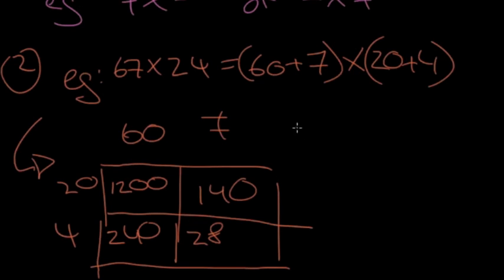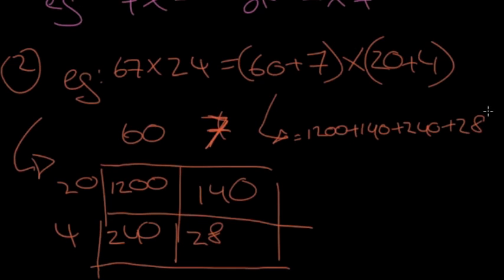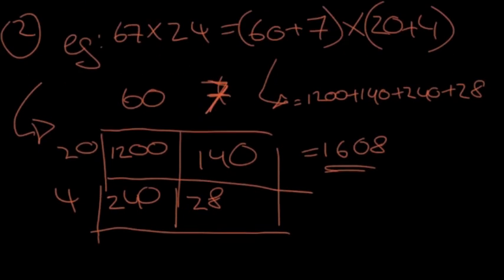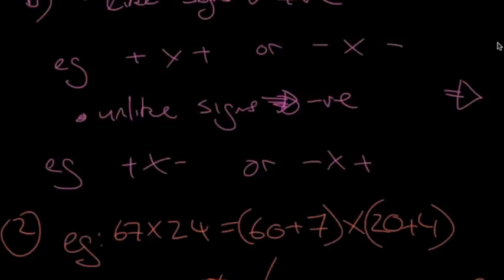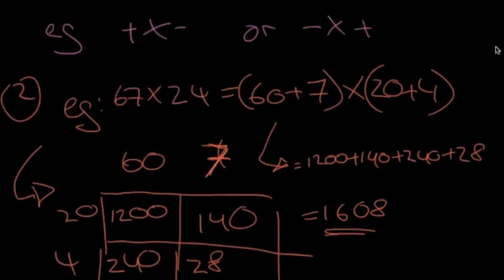So this becomes simply 1200 plus 140 plus 240 plus 28. And that just equals 1608. So that's pretty simple. That's just using arrays to multiply.